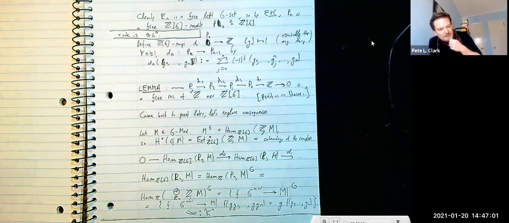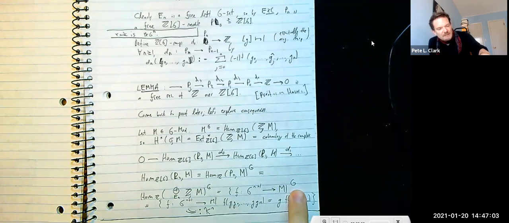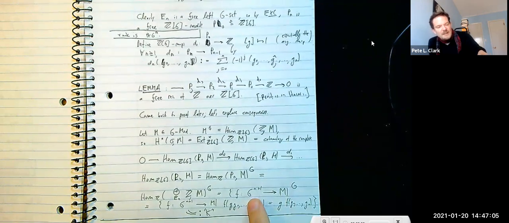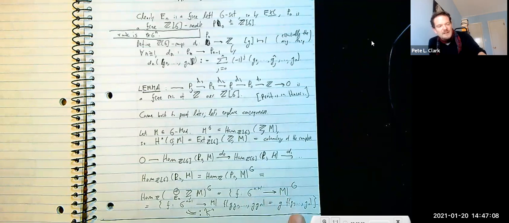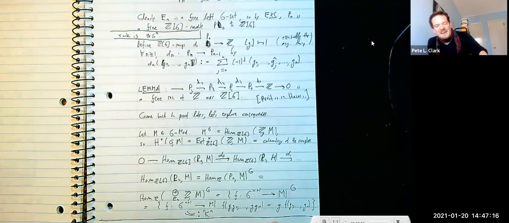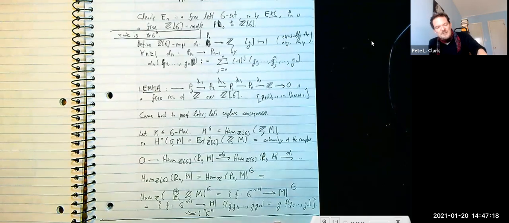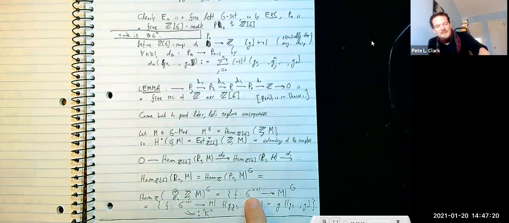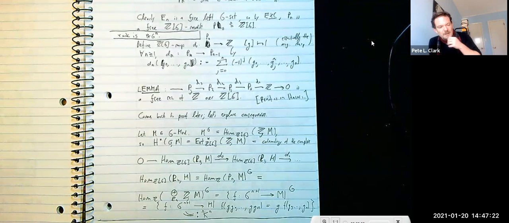I'm using the fact that the G-invariant elements are the equivariant functions. To be completely honest, I'm using that the invariants are equal to the equivariants, not in exactly the same context in which I discussed it before, because this is not necessarily a commutative group, but it's easy to see that this is still true.